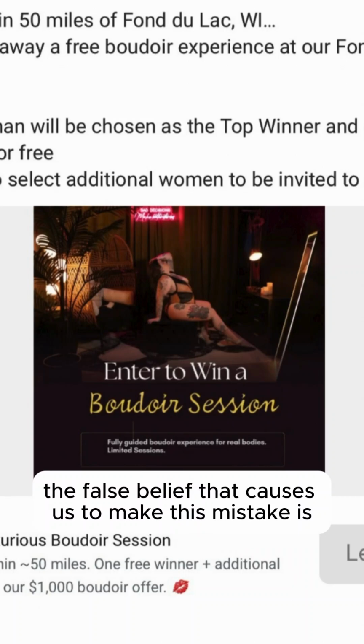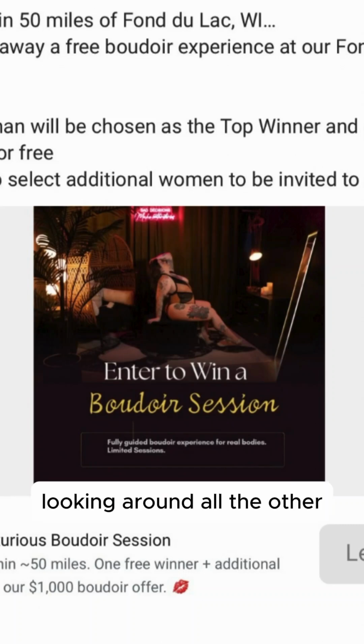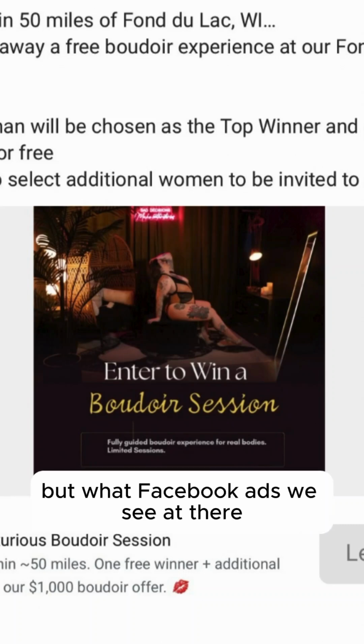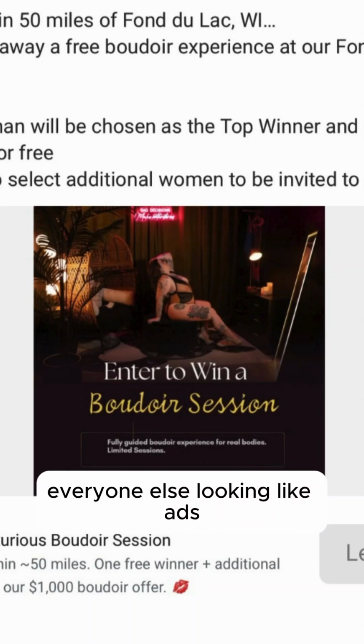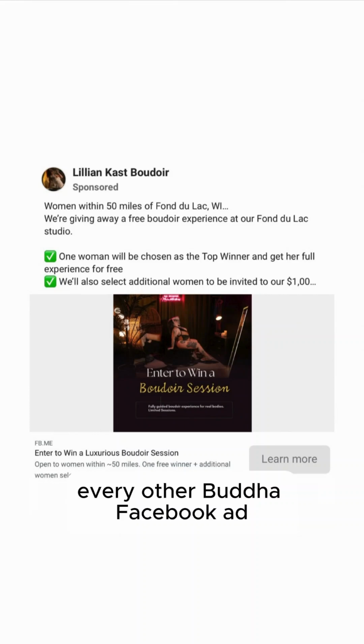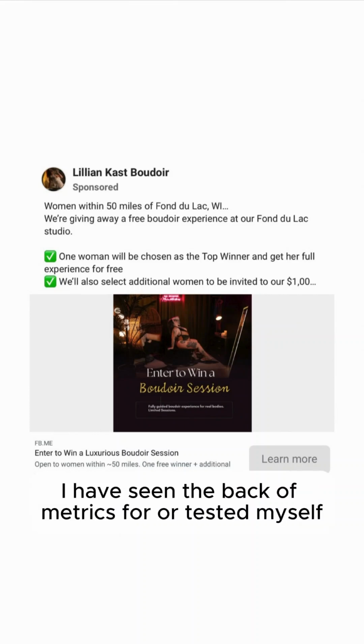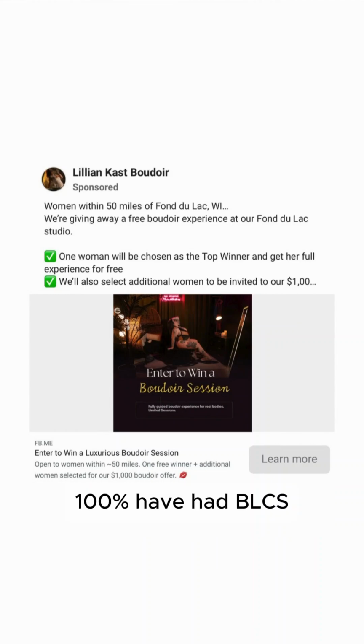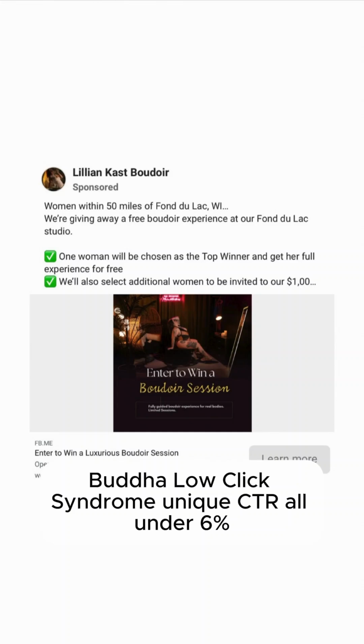And the false belief that causes us to make this mistake comes from looking around at all the other boudoir Facebook ads we see out there, everyone else looking like ads. Their ads look like ads. And guess what? Every other boudoir Facebook ad I have seen the back end metrics for or tested myself 100% have had BLCS, boudoir low click syndrome, unique CTR under 6%.